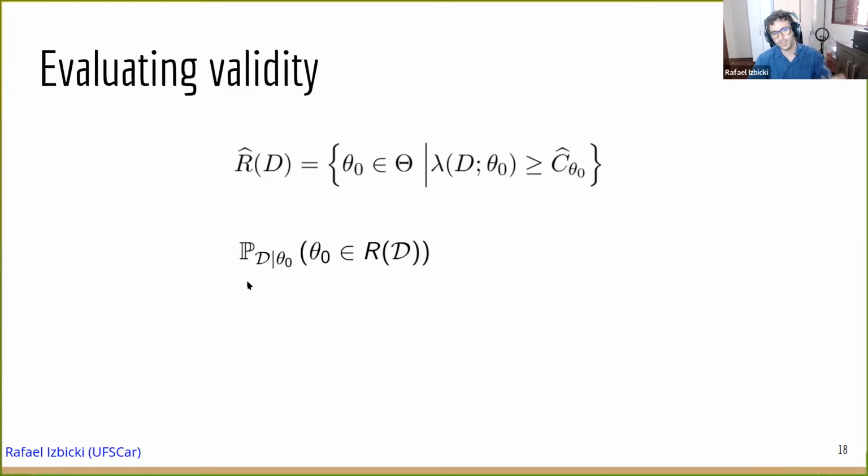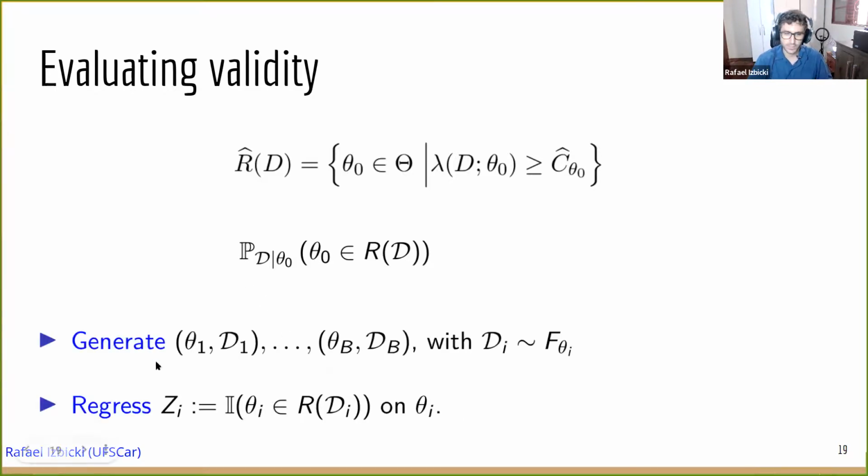We are going to use a similar trick to the one from the last slide, which is first we generate data from the simulator. Again, the I has n elements here, like in the previous slide. Then we compute for every pair whether the confidence set obtained using that particular data set contains the parameter value that was used to generate that data set.